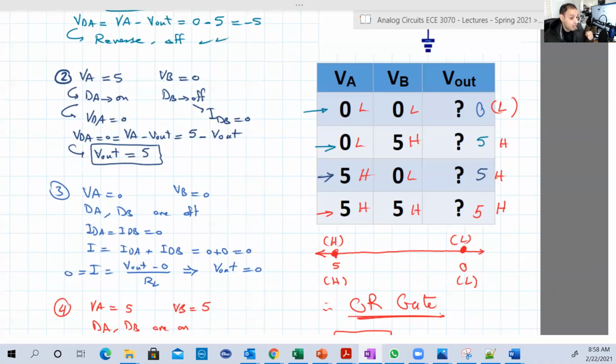Do you want to have a very fast idea about which is on, which is off, or is your application not that sensitive to VD? Then go with the ideal model. If you want to gather both, something fast at the same time, easy to solve, go with the constant voltage model. Okay, so that's basically why we study each of them.